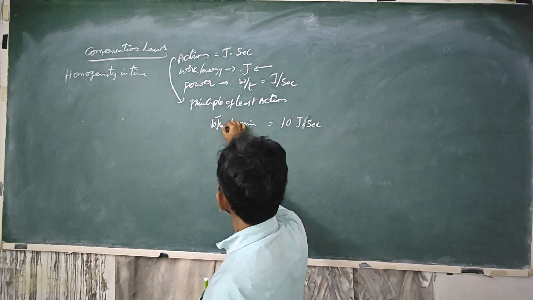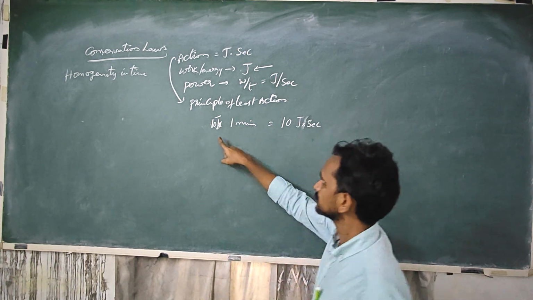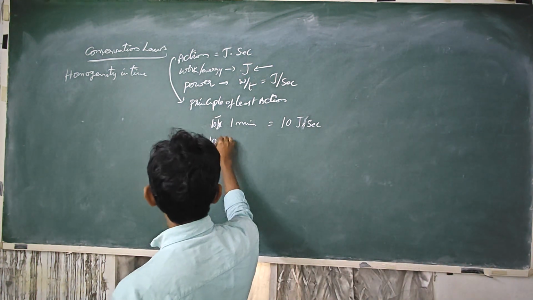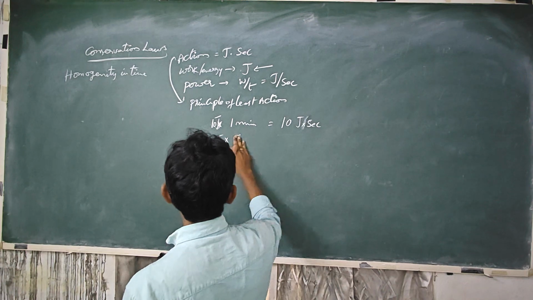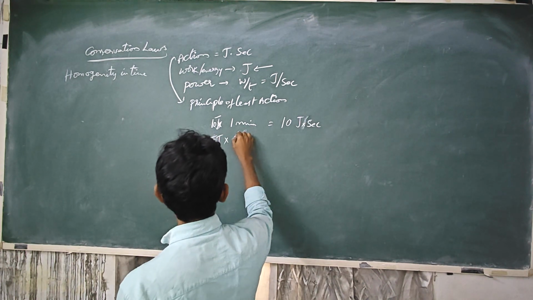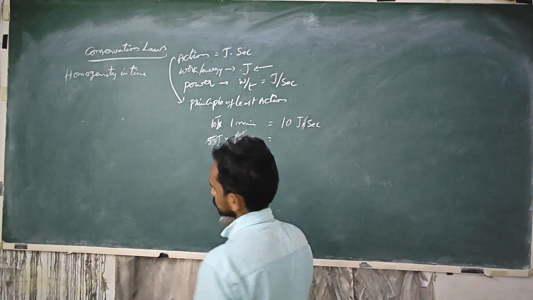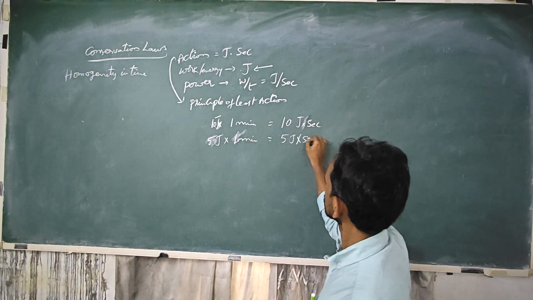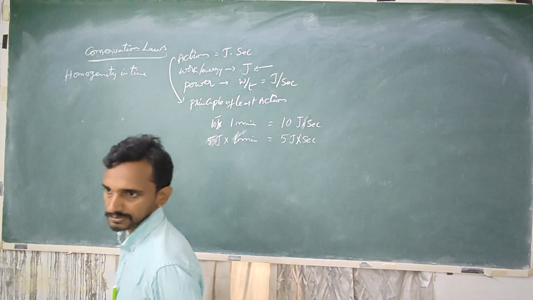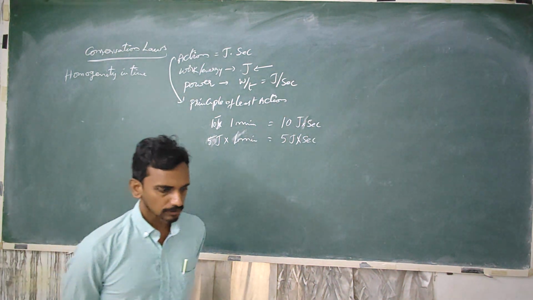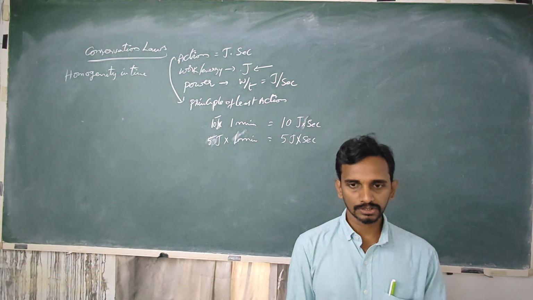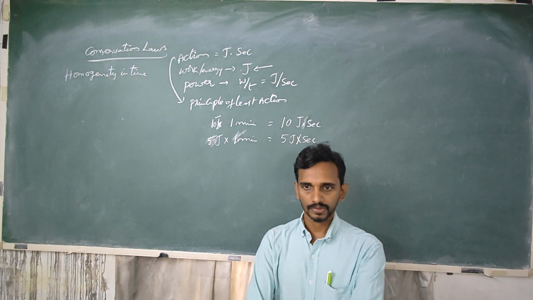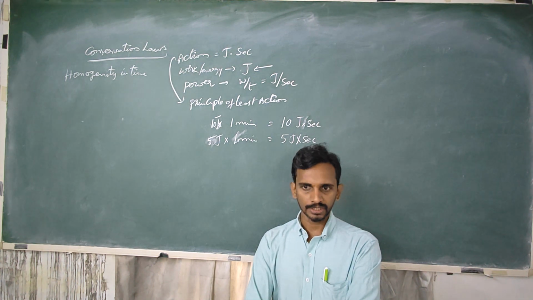For each bucket, I'm spending 1 minute. So 10 joules multiplied by time. And if I take 2 buckets at a time, let's say it is 5 joule seconds. The total amount of work done is the amount of work done in each stage multiplied by the total amount of time spent. In the first case, I'm spending 10 minutes.